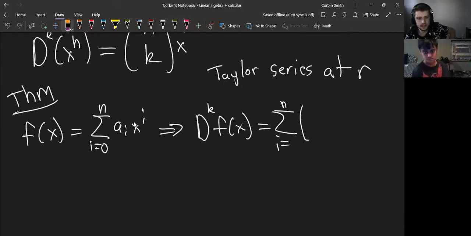Everything that has an index less than k is going to turn into 0 when we take the derivative eventually, right? So the i actually has to start from k here. Index more than k are the ones that are not going to be 0 automatically. So those are the ones that we want to take care of. So those are the ones that are going to survive? Yep. So that's why our new sum starts at i equals k.